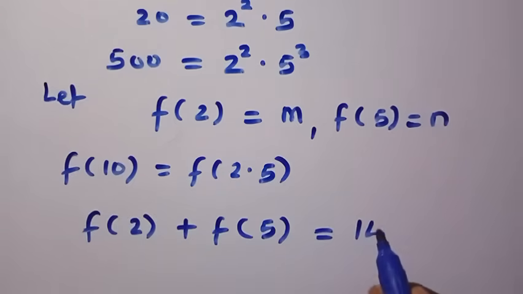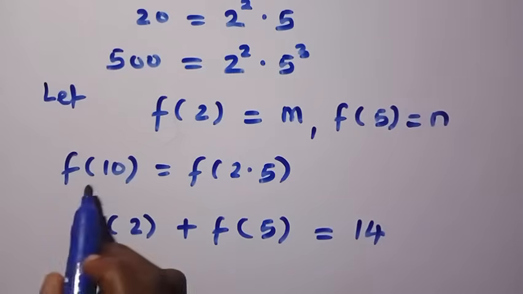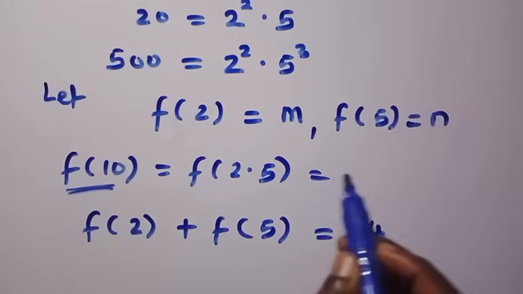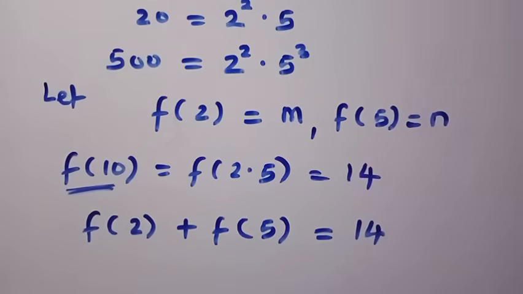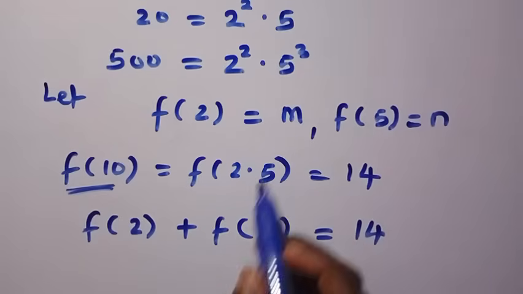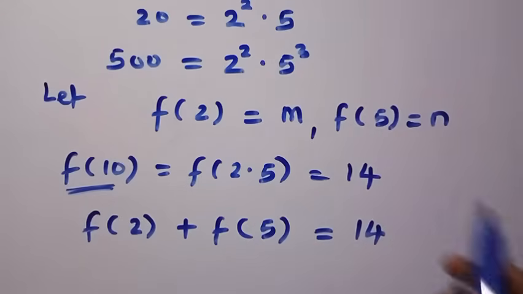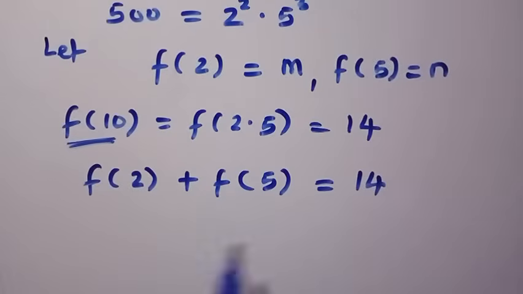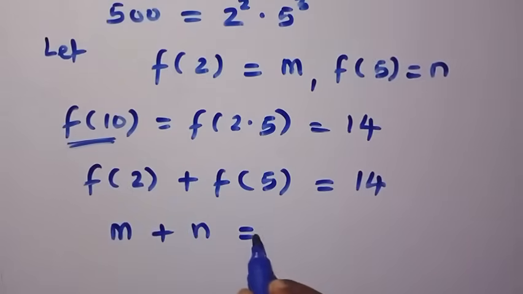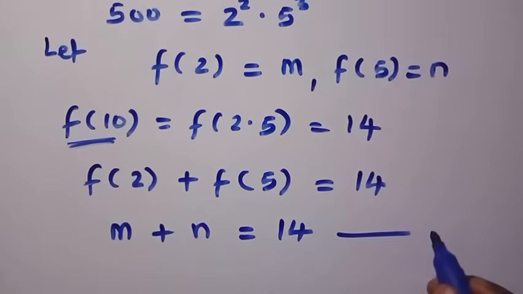Everything equals 14, because f of 10 equals 14. If f of 2 is given as m and f of 5 is given as n, by placing them we have m plus n equals 14. We call this equation 1.